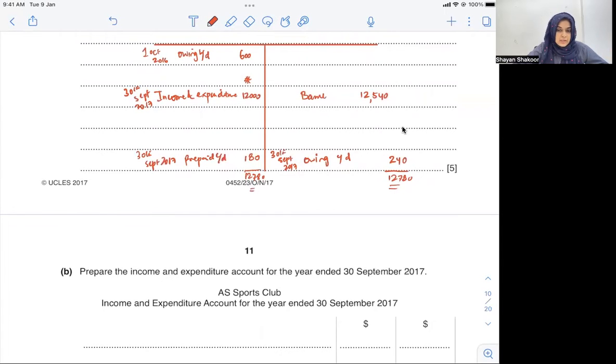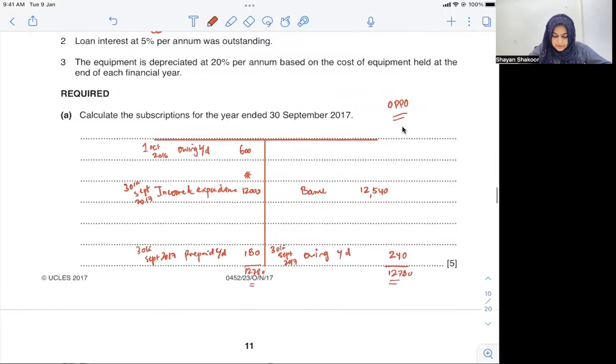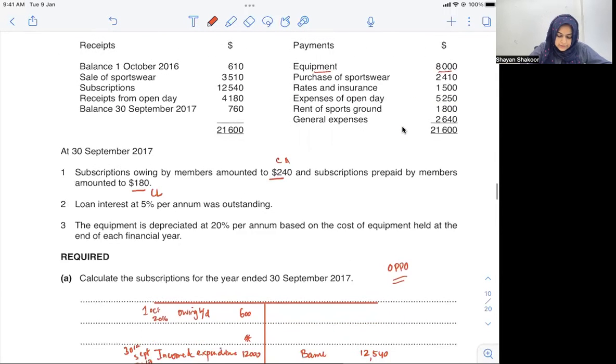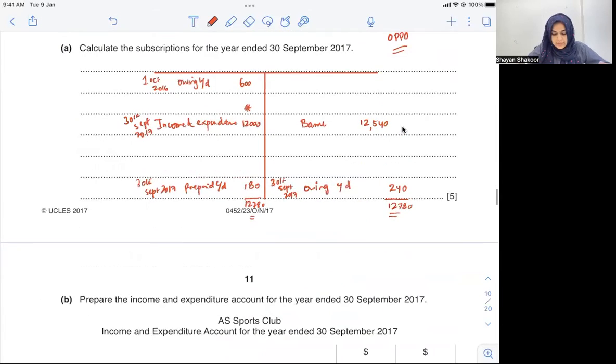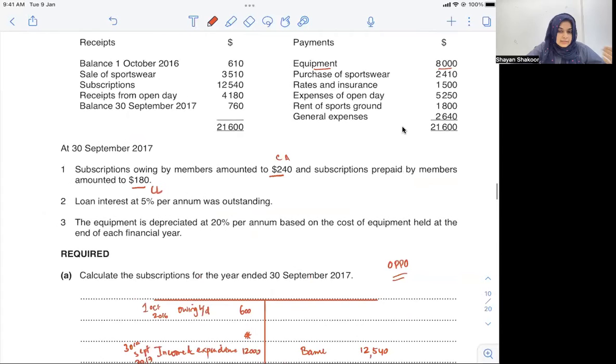Whenever the business is making profit, making income, incomes actually increase profit. So when we make the income and expenditure account, we need to find out, okay, we have selling of sportswear. Whatever money we're receiving from sportswear minus whatever we're paying for purchasing sportswear gives us the profit on sportswear. And then we have subscriptions here. We are getting 12,000 as an income.